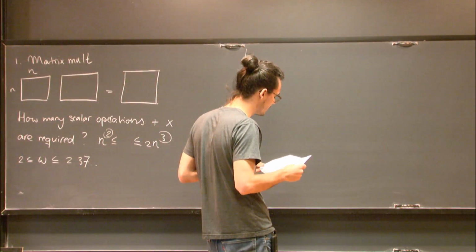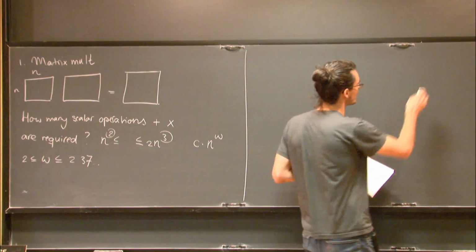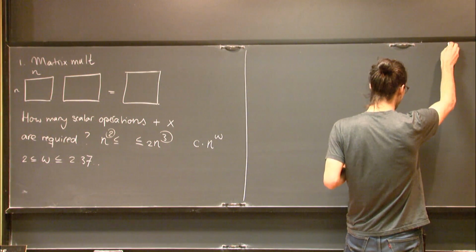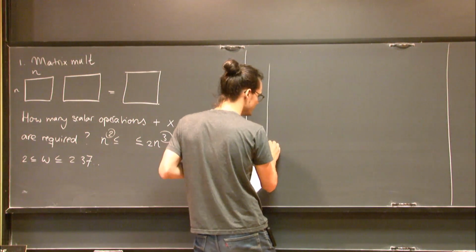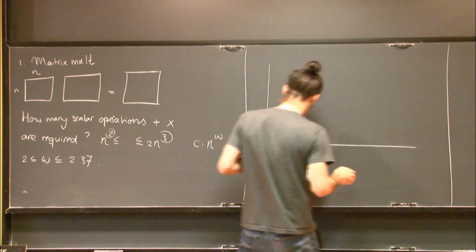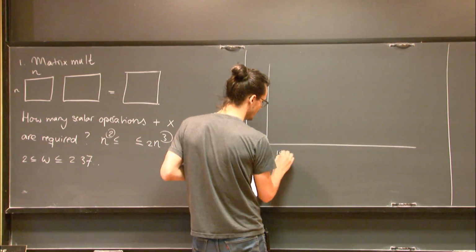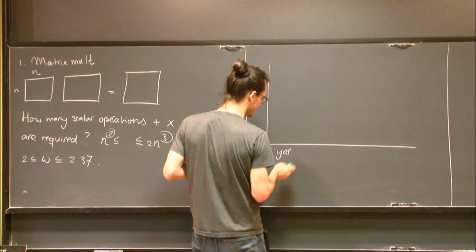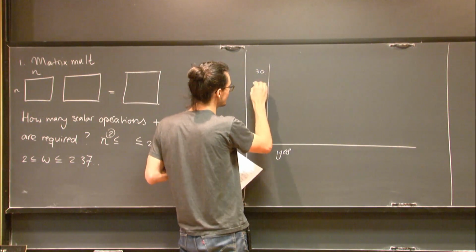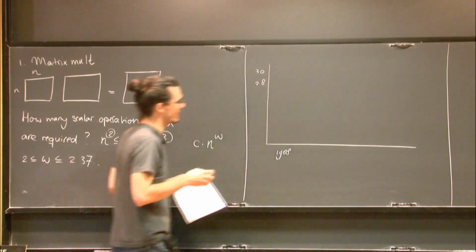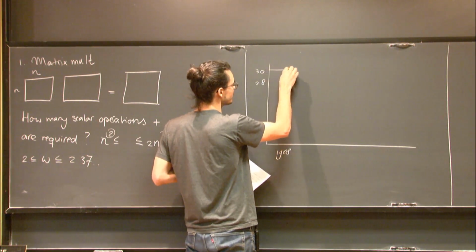And last time I gave a very quick history. I want to do this again. So a quick history of matrix multiplication algorithms in the form of a graph over time. So the first non-trivial algorithm was discovered in the 60s, and this algorithm brought down the best upper bound on omega from 3 to 2.8.